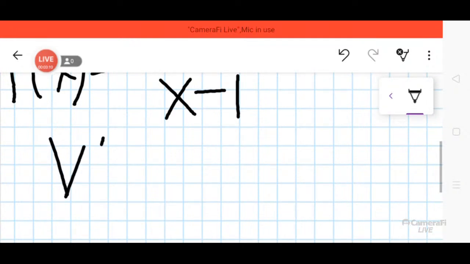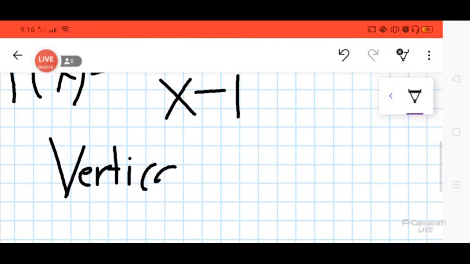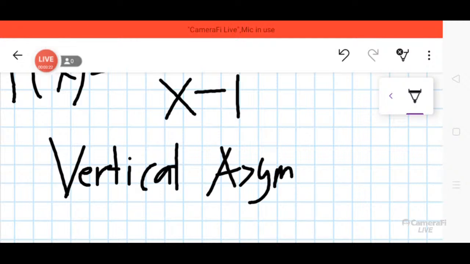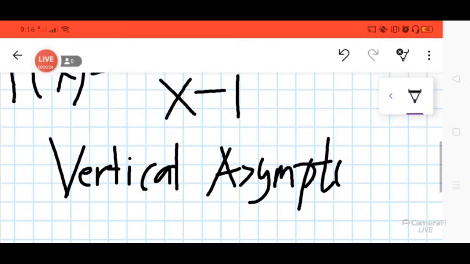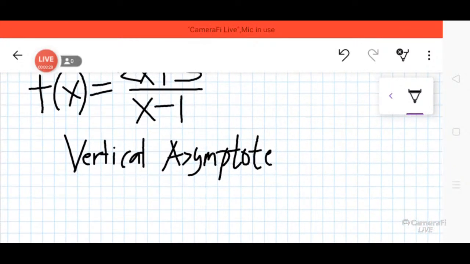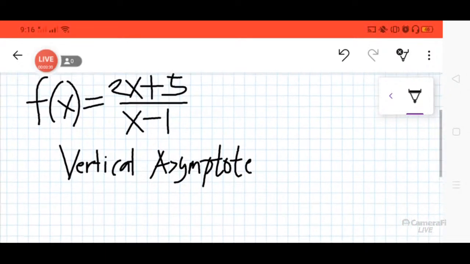So for our vertical asymptote, or the VA, we write x minus 1 and equate this to 0.